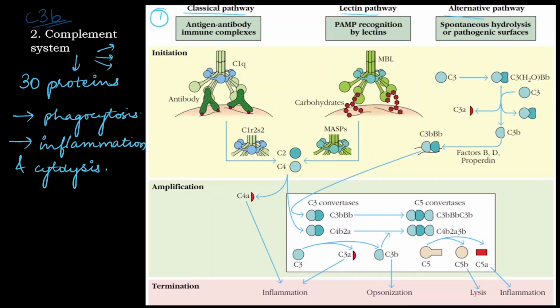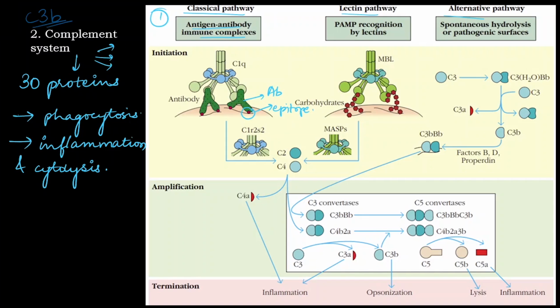Now this classical pathway is an antigen antibody immune complex pathway. What happens at the first step? In the antibody, these green molecules are the antibody, and these red molecules shown here are the epitope.